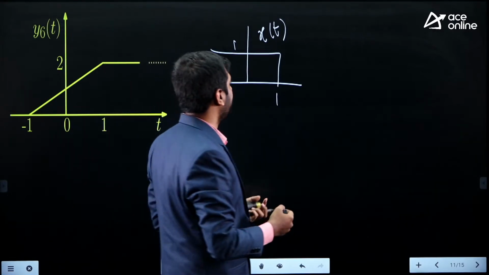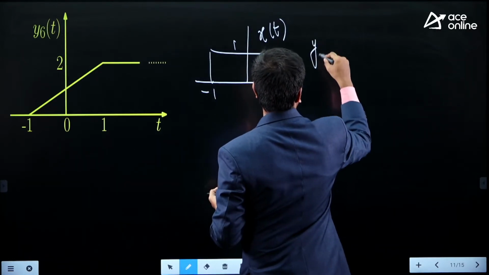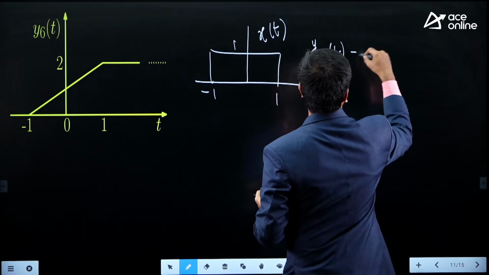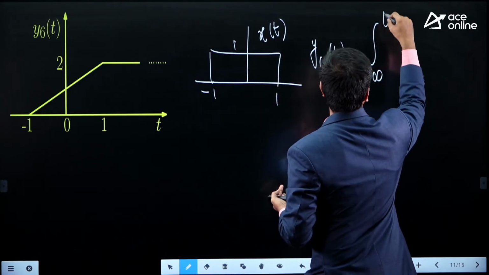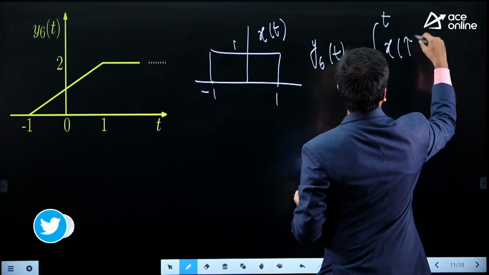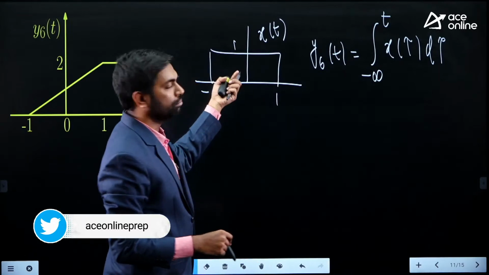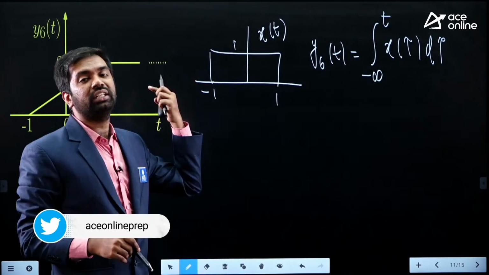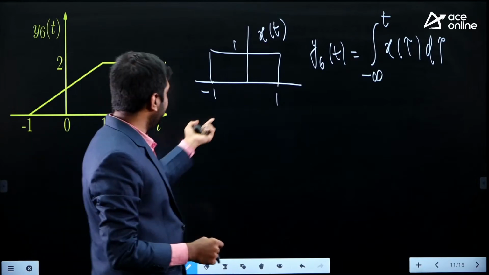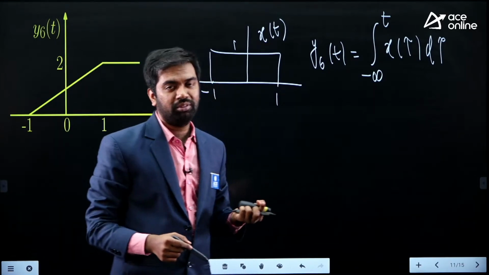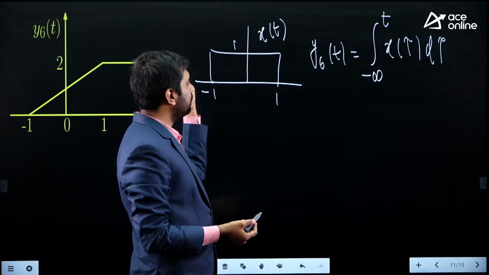I'll write like this. y6 of t is the integral from minus infinity to t of x of tau d tau. If you integrate this, you will get y6 of t. Students will ask, how does integrating this give this?